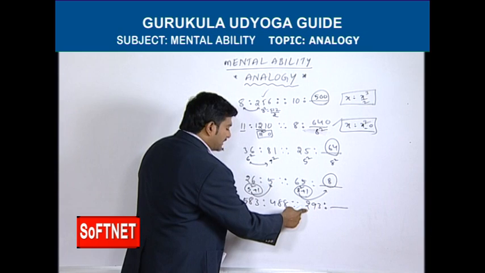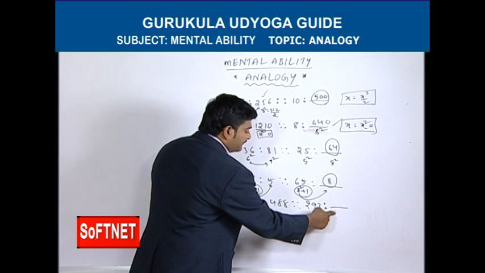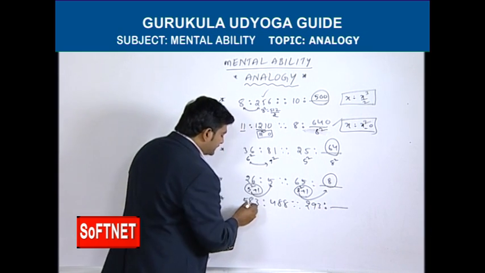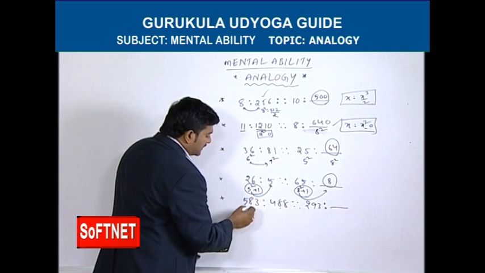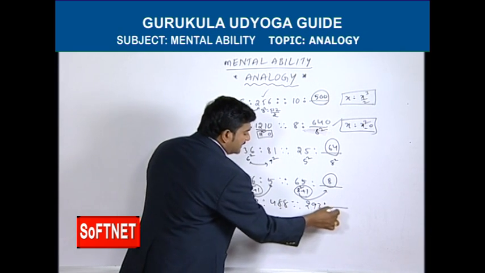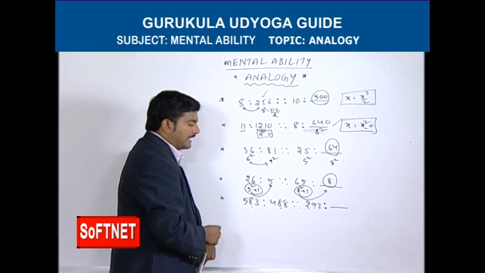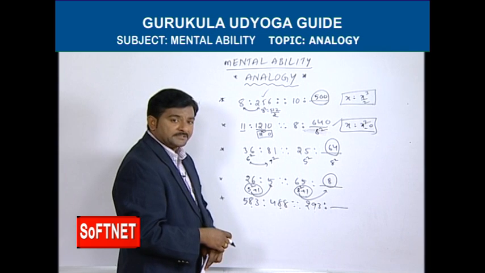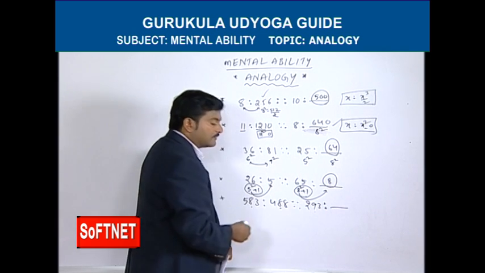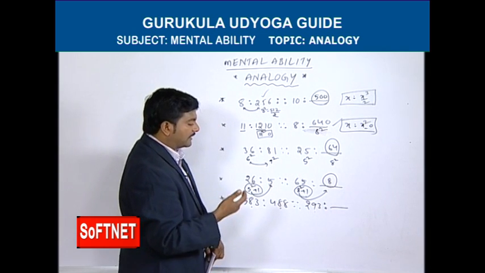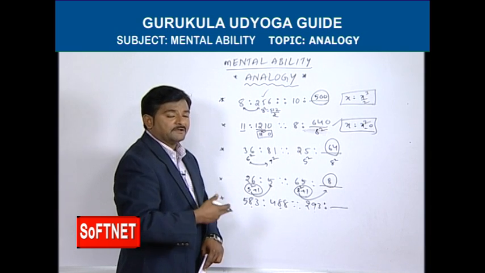I have to reduce 1. 2 minus 1, I am getting 1. I need to write the middle number as it is, 8. Then 9, adding 5 to 3, I am getting 8. So 198. That is one way of explanation.